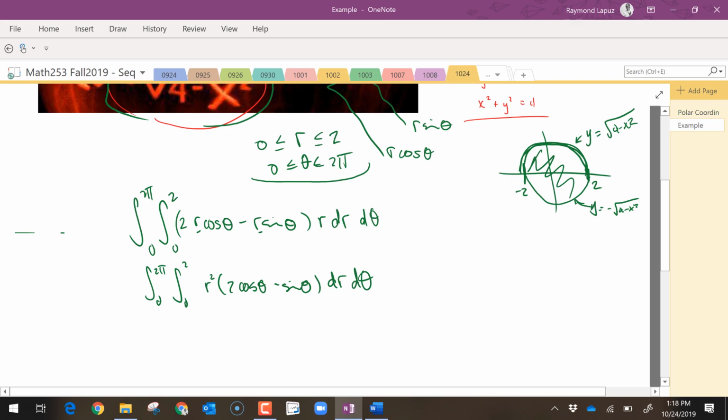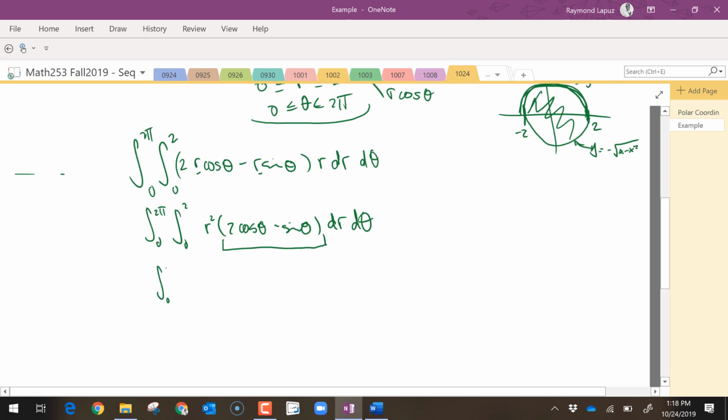Okay. Now, the inner integral is with respect to r. The thing that's in parentheses does not have any r's in it. And again, this only will work if you have constant limits. So I can take this out as if it was a constant, take it out of the inner integral as if it was a constant, right?